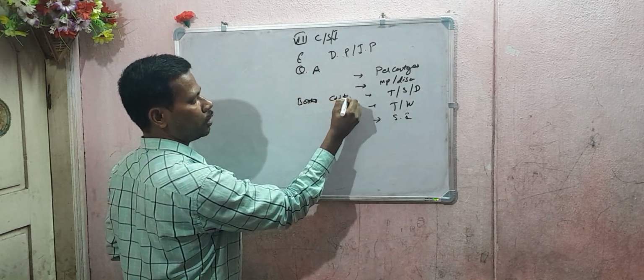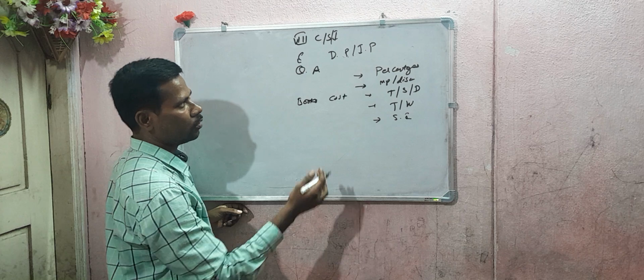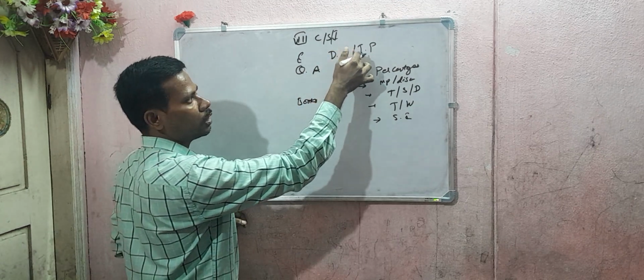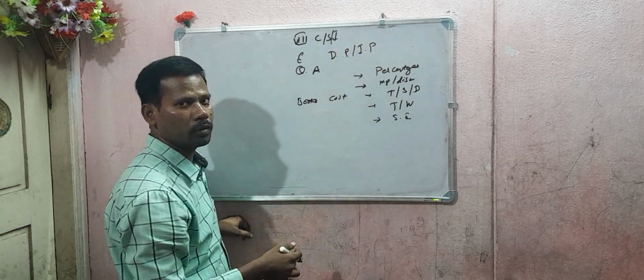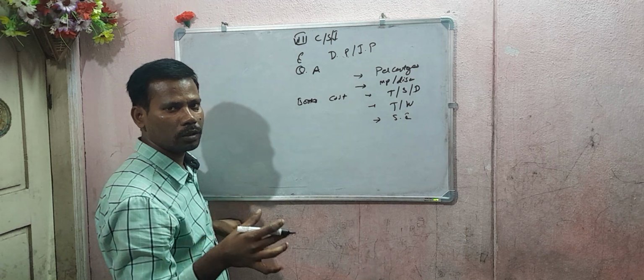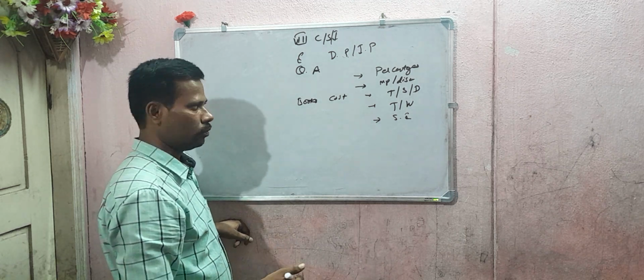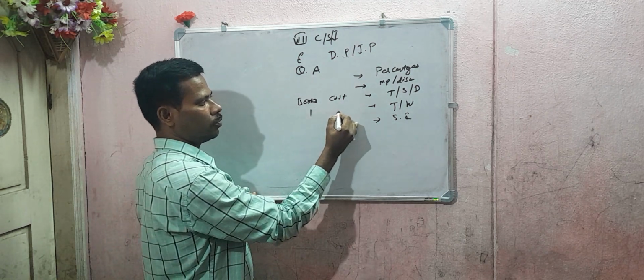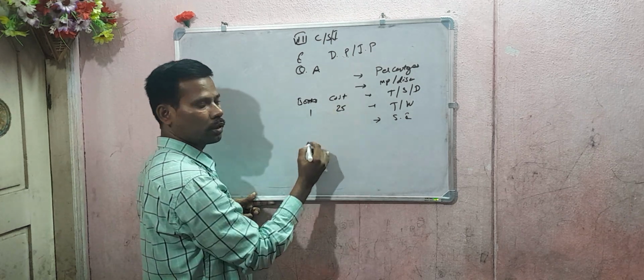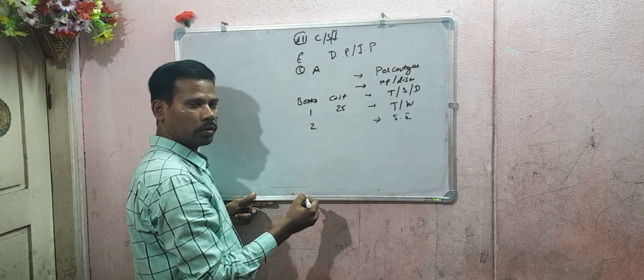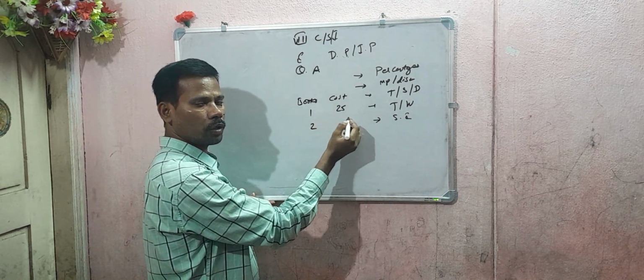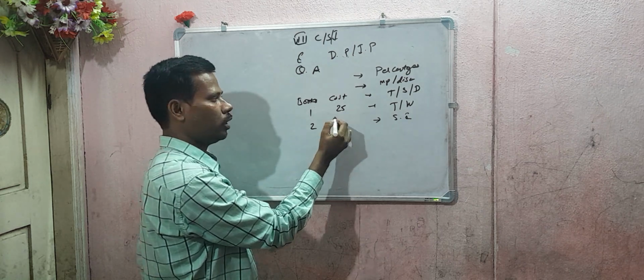Let me take one example so that you get a clear picture of direct proportion and inverse proportion. Say the cost of one book is 25 rupees. Children, can you say what is the cost of two books? One book, when you are going to a shop, he says 25.